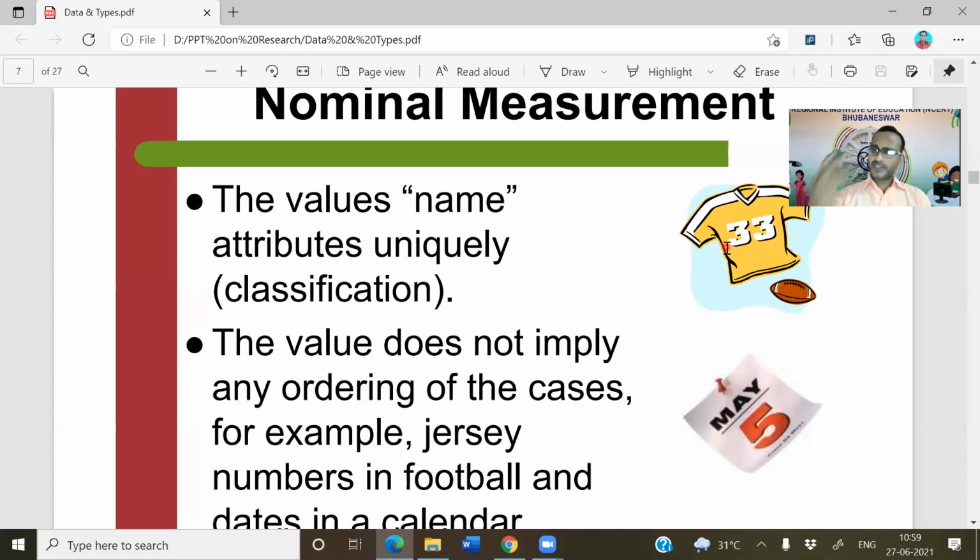So whenever you do research, whenever you collect data, some kind of data you collect is nominal in nature, useful for identification. You collect the name of the sample, the sex of the sample, the age of the sample. All these things are nominal in nature. You collect whether you belong to a rural area or urban area. This is all nominal.